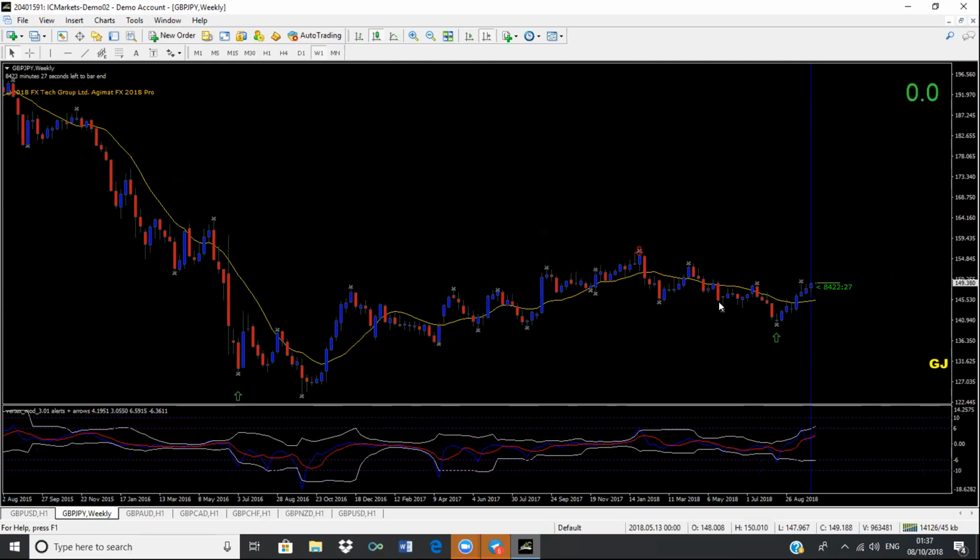Remember, whenever you see this, this is how I know it will not repaint. Because if it repainted, it would appear at the highest point, here. But it stayed where it is.